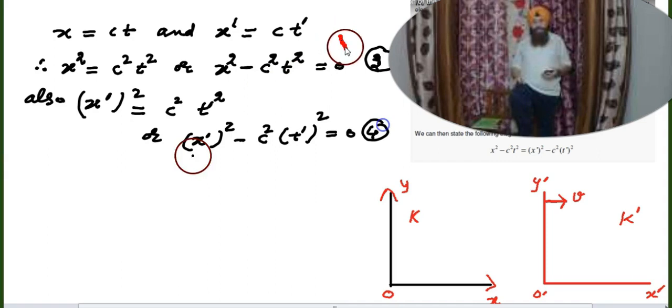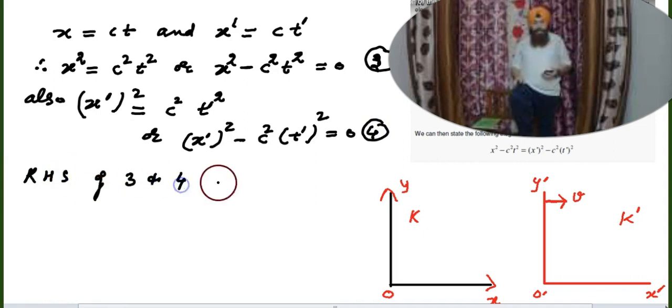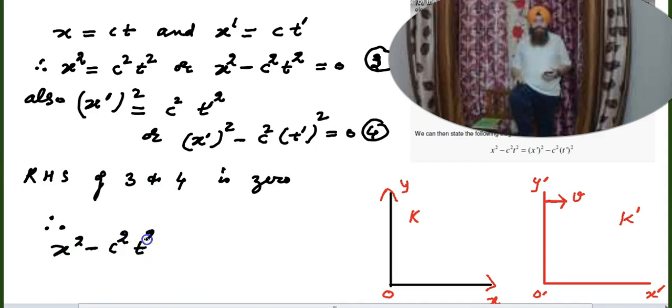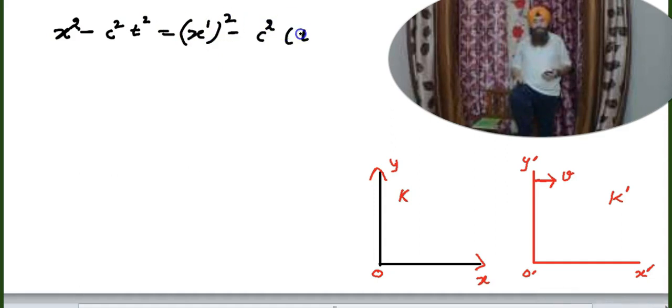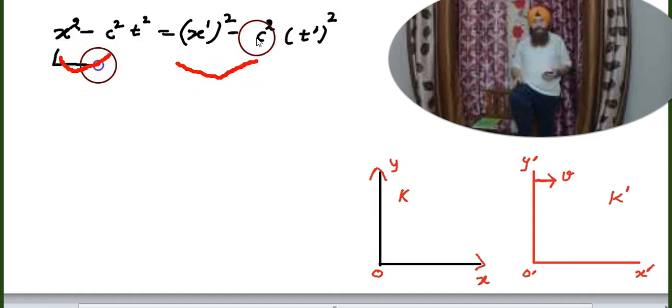Now in equation 3 and equation 4, the right hand side equals 0. If the right hand side equals 0, then the left hand side will also be 0. So x square minus c square t square is equal to x dash square minus c square t dash square, because both are equal to 0.